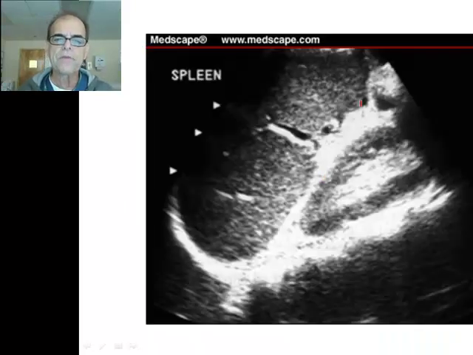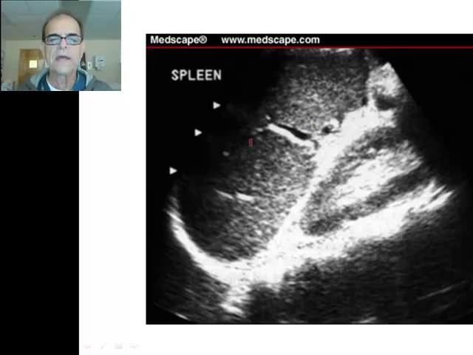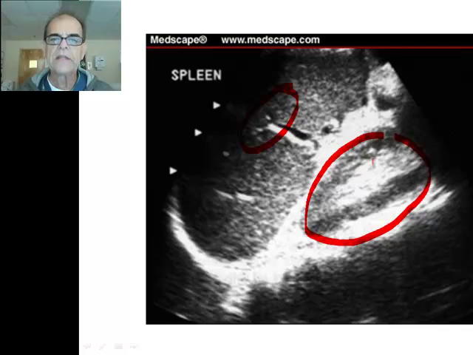Here you can see a picture of the spleen, but this picture is taken more from the intercostal left hypochondrium. You can see here the spleen, and the left kidney here. The orientation is sagittal.